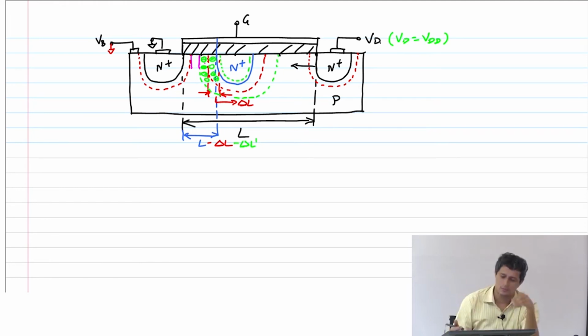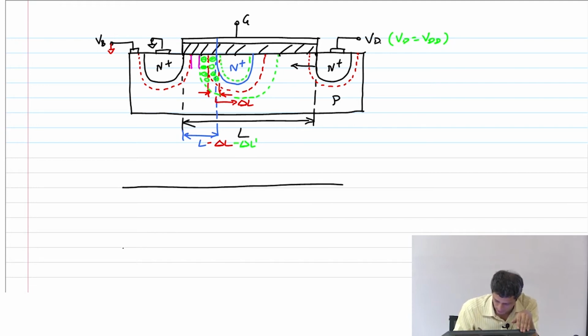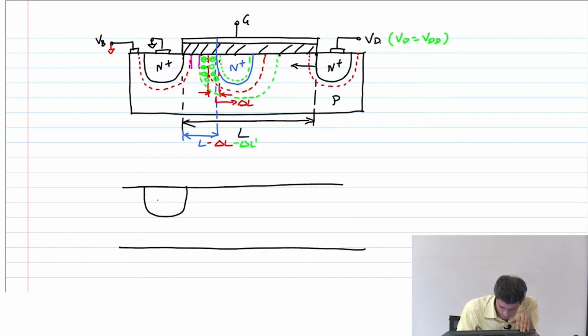Yeah, so basically what I am saying is that I'll draw this a little bigger so that it's clearer. I want to draw the short channel device now a little exaggerated. So this is my N plus, this is my N plus again, right?